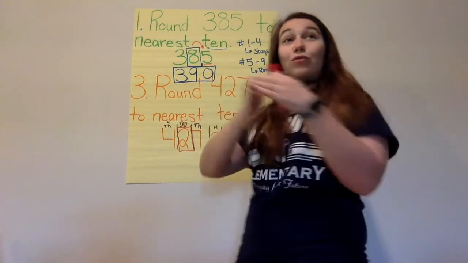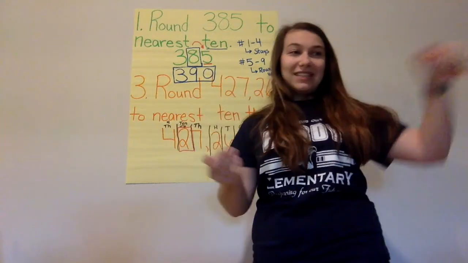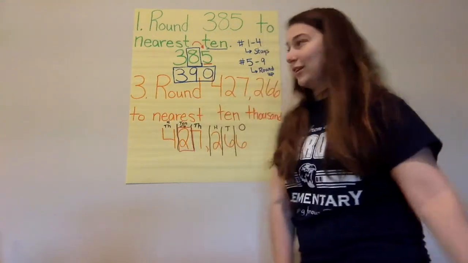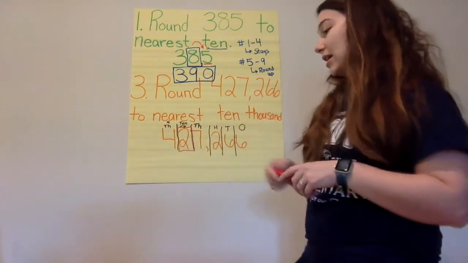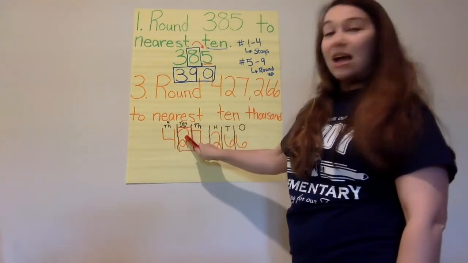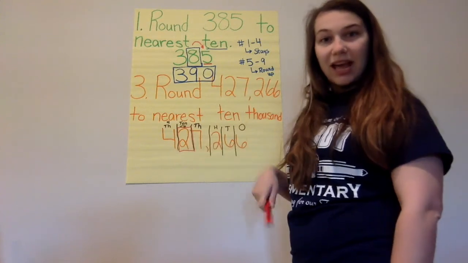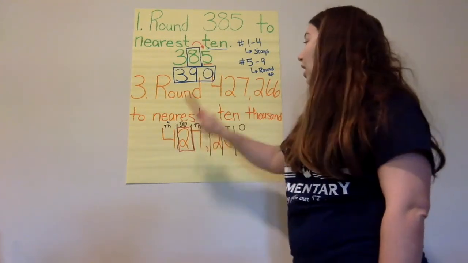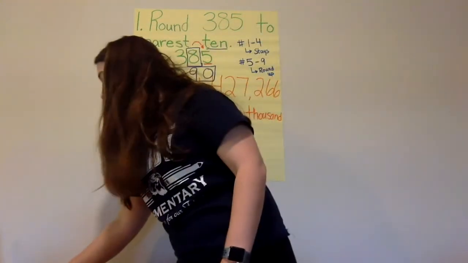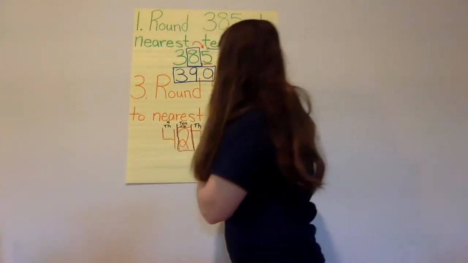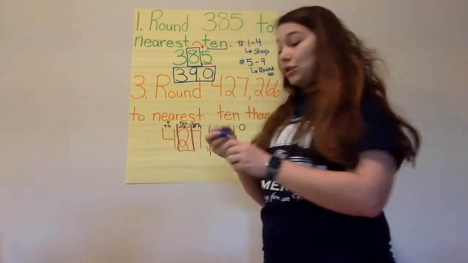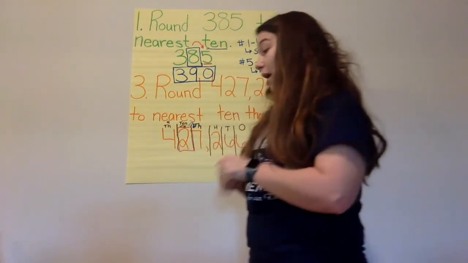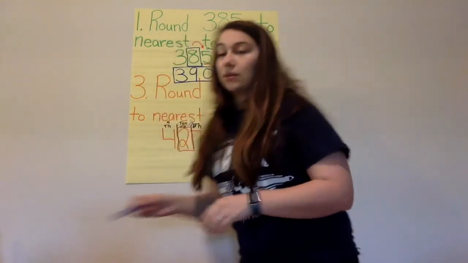If someone's next door to you, they are right next door. And the right helps me figure out that we're going to the right. So in this case, if we're in the 10,000s, what place will I be looking at? The thousands, very good. So the thousands place is going to tell me whether this 2 stays the same or whether it rounds up.